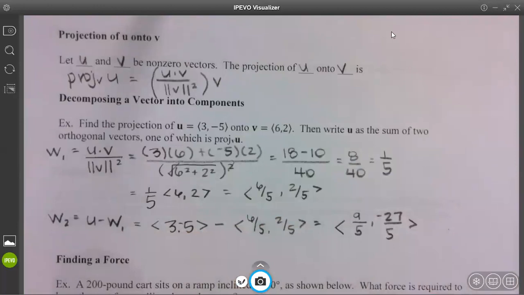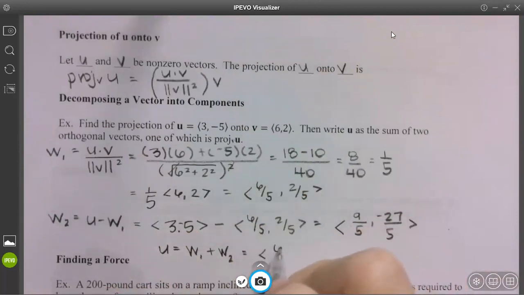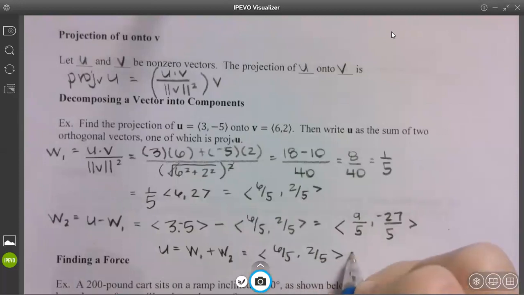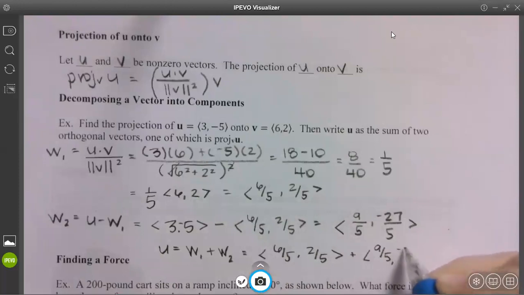So it says write U as the sum of two orthogonal vectors, one of which is the projection of U onto V. So U is going to equal W1 plus W2. W1 was 6/5, 2/5, plus W2 is 9/5, -27/5.